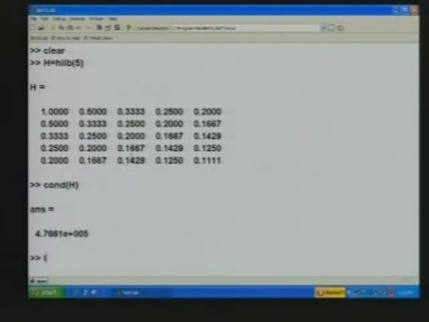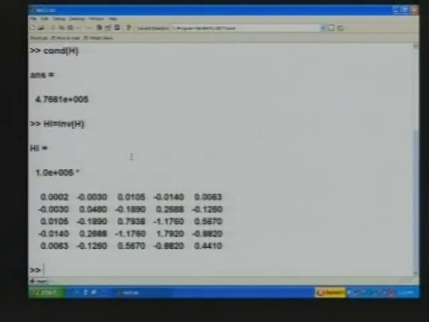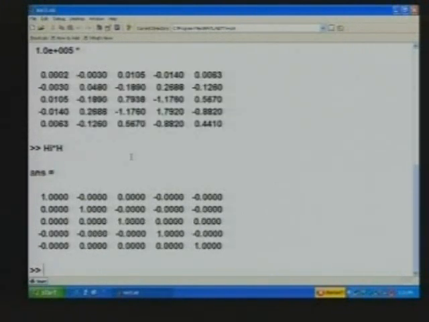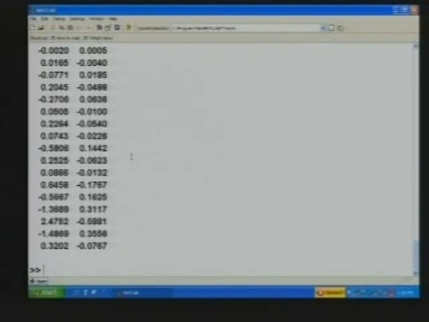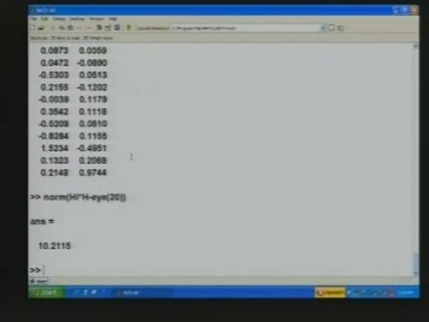If I write HI, that is the inverse of the Hilbert matrix, the inverse of Hilbert, HI into H is identity, that is fine. But if you generate a large matrix, let us say H equal to hilb(20), and then write norm of HI into H minus the identity of size 20.